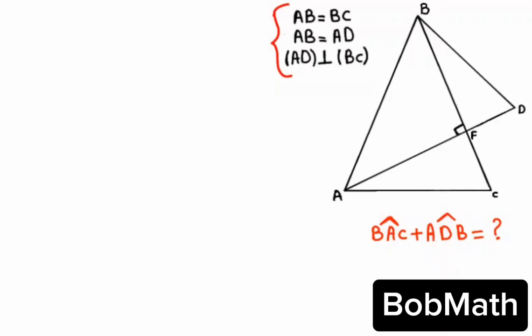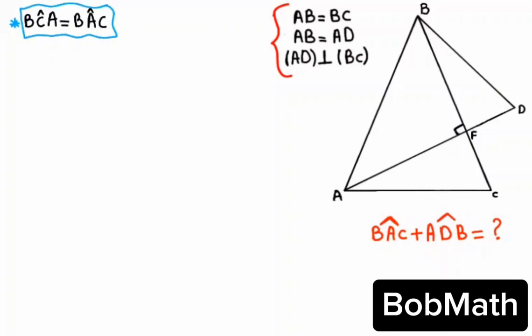We have AB equals BC, so triangle ABC is isosceles at point B, so angle BCA equals angle BAC.